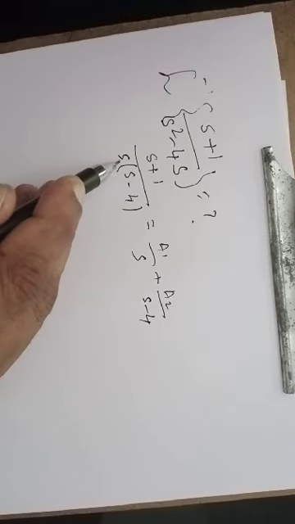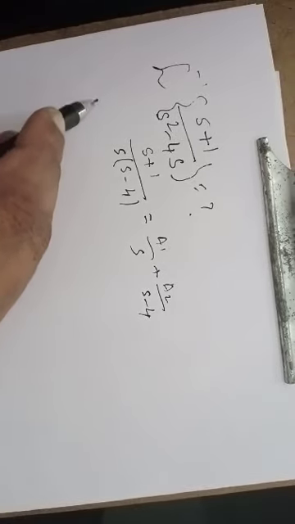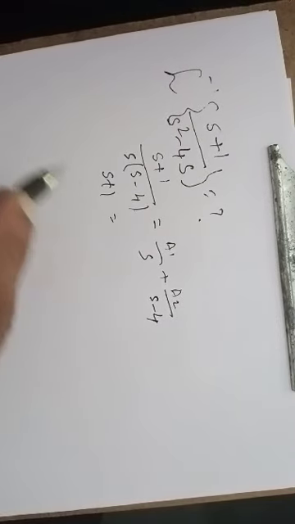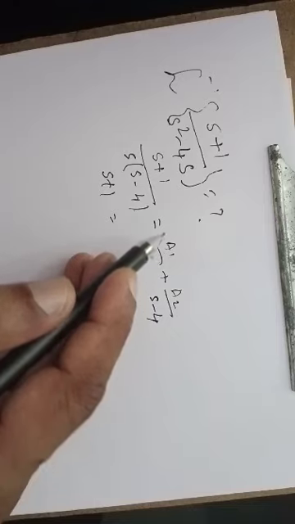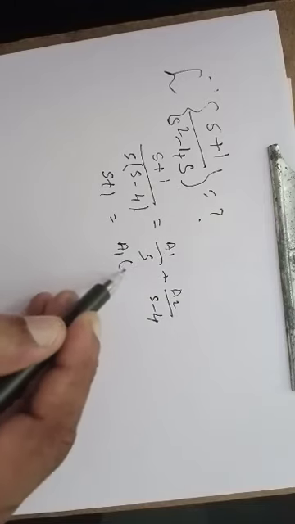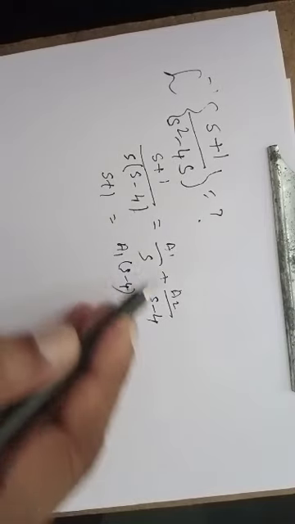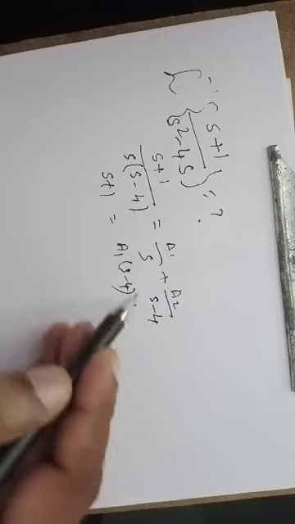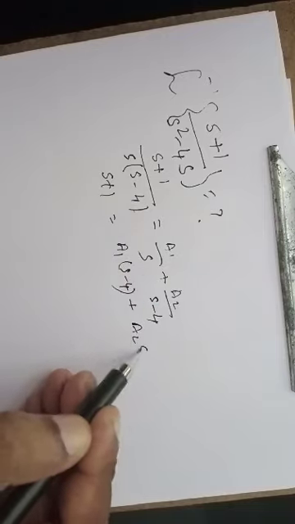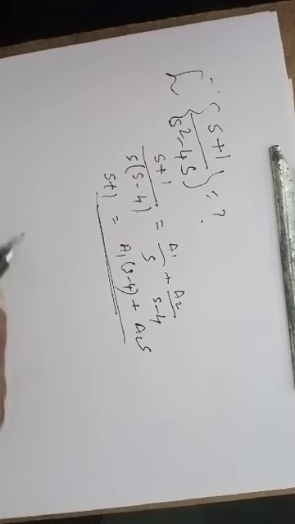Multiplying both sides by s into s minus 4, we get s plus 1 on the left. For the first term, s cancels, and we get a1 into s minus 4. Plus next, s minus 4 cancels, and we get a2 into s.